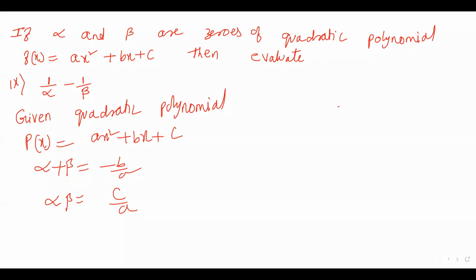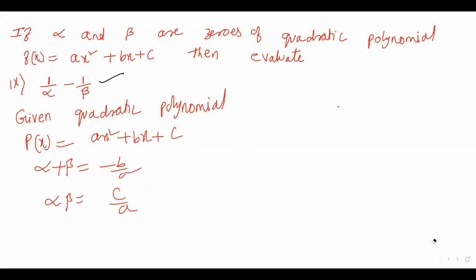The given quadratic polynomial is ax square plus bx plus c. Sum of zeros is minus b by a. Product of zeros is c by a. Using sum and product, we have to find the value of 1 by alpha minus 1 by beta.